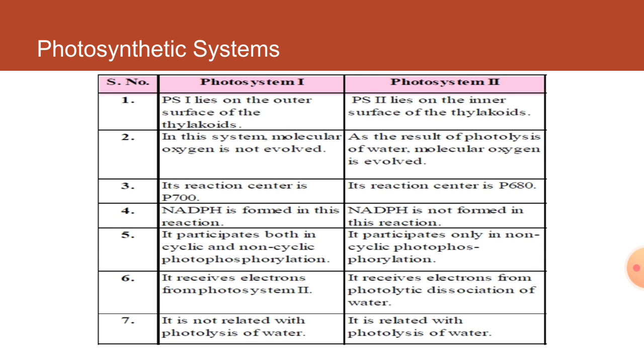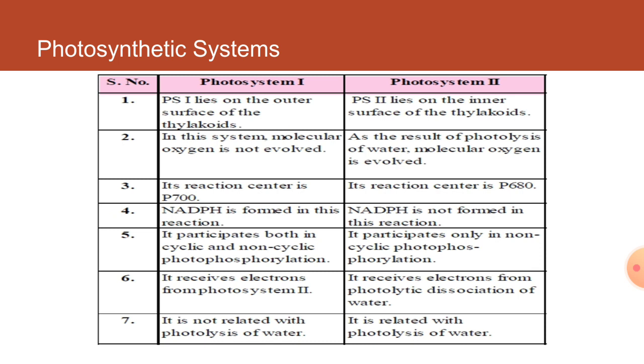Another difference between them is that photosystem 1 does not get involved in the formation of oxygen, whereas photosystem 2 is involved in the liberation of oxygen. We know that in the photosynthesis equation, oxygen is liberated. Where does this oxygen come from? Is it from carbon dioxide or the water molecule? It was proved that oxygen comes from the water molecule.